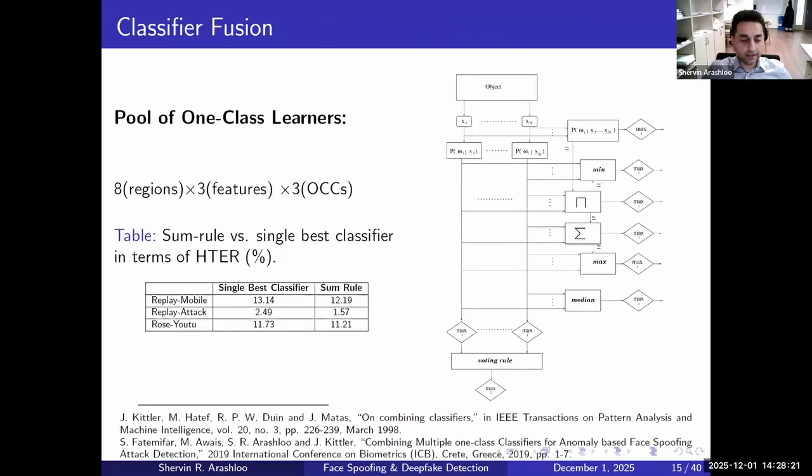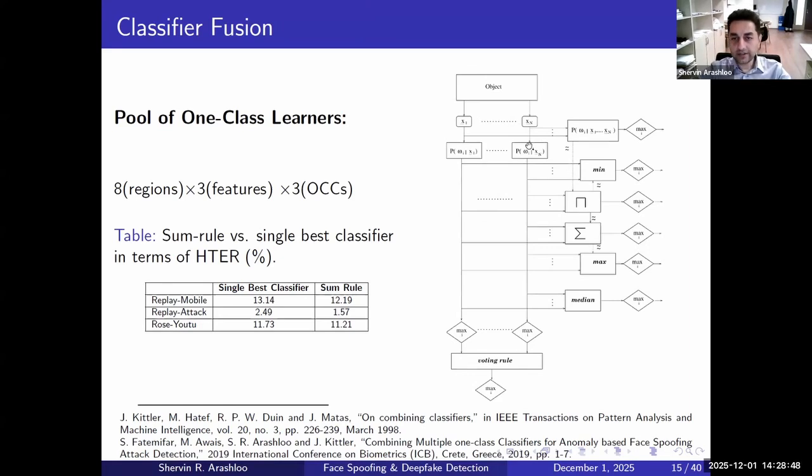Third, in pattern classification, it is well known that ensemble methods are quite useful when instead of a single learner, we use multiple learners and then combine their outputs to come up with a better prediction. We followed this general methodology of ensemble learning and basically classifier fusion.